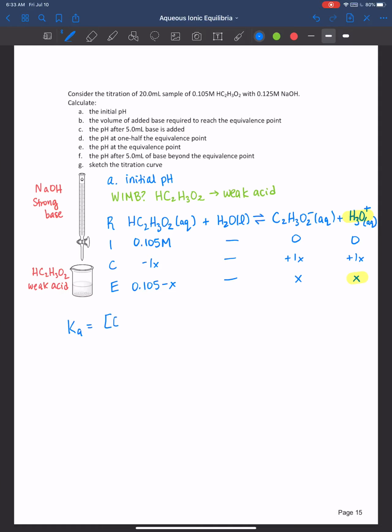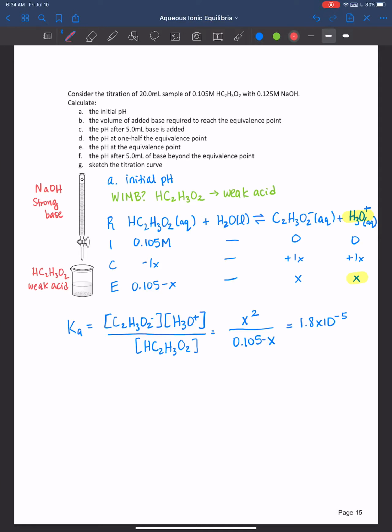Ka equals products over reactants, which is x squared over 0.105 minus x. The Ka value is 1.8 times 10 to the negative fifth for acetic acid.